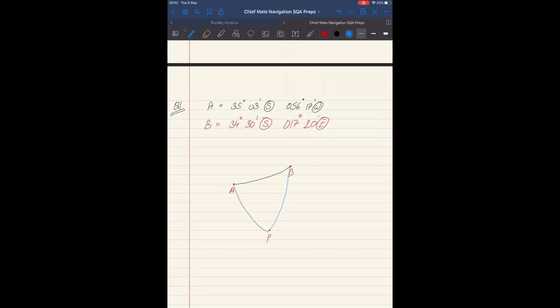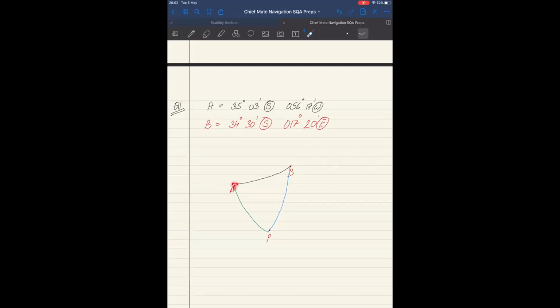We still cannot say where that vertex is because, as I said, the vertex may occur on an imaginary course drawn before A, or it can take place on an imaginary course if you extend that same course after B, because the course needs to be 90 degrees or 270 degrees.